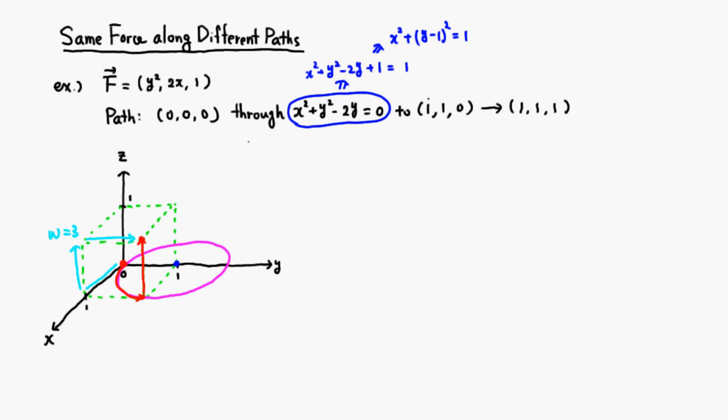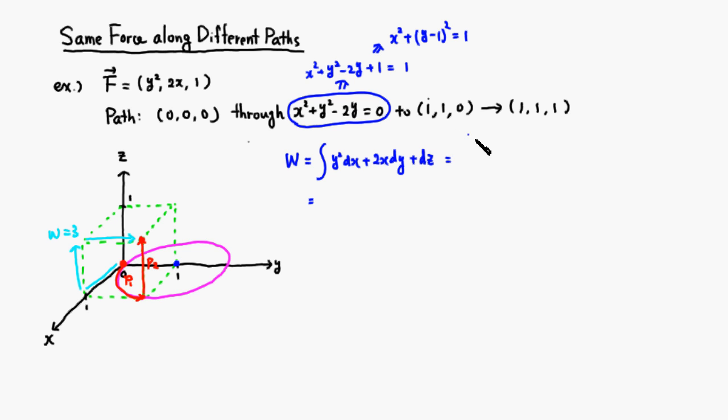In order to find work, W, it's still a line integral: y squared dx plus 2x dy plus dz. Let's call these paths P1 and P2.